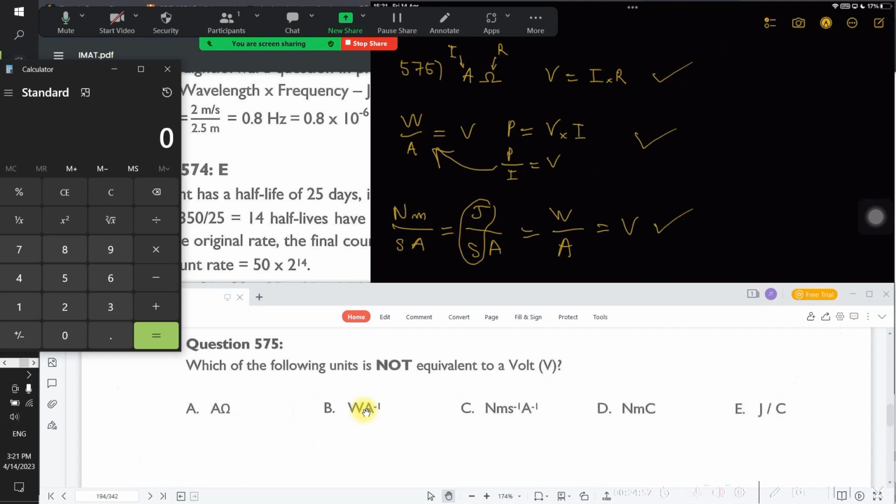E, it's joule divided by charge, isn't it? C is charge, coulomb. C là coulomb. So basically charge is what? Charge is how much the current flows through in unit time, right?